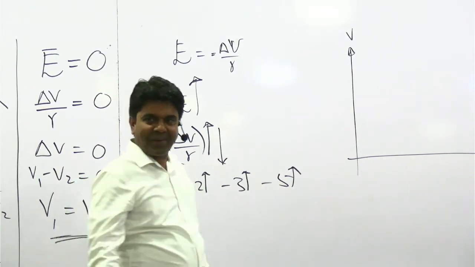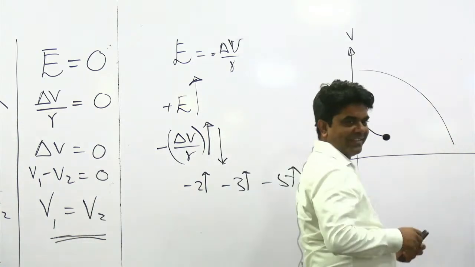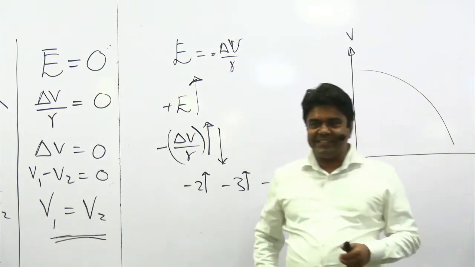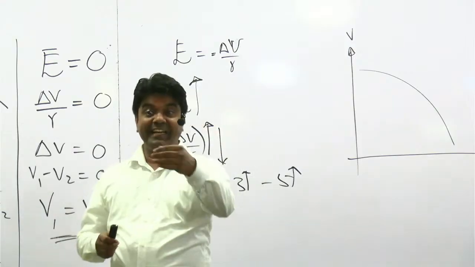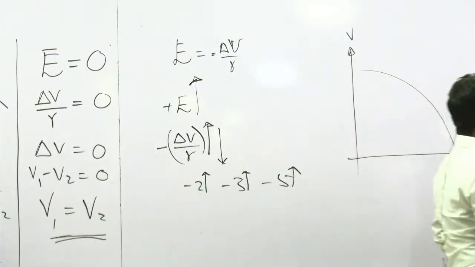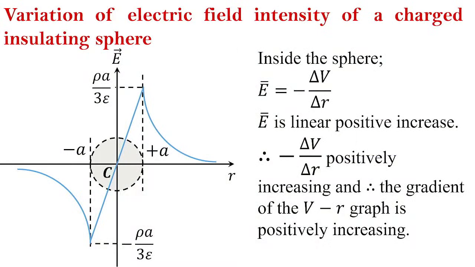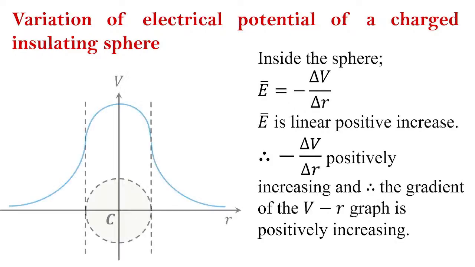Negatively increasing gradient, inside it negatively increasing gradient. So we'll go for a better diagram on the screen. You can see the negatively increasing gradient inside, to both sides, to the left as well as to the right.